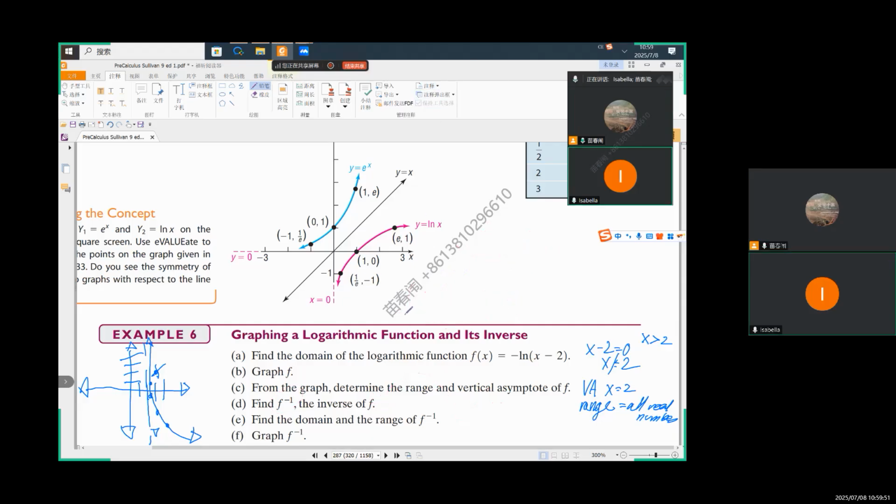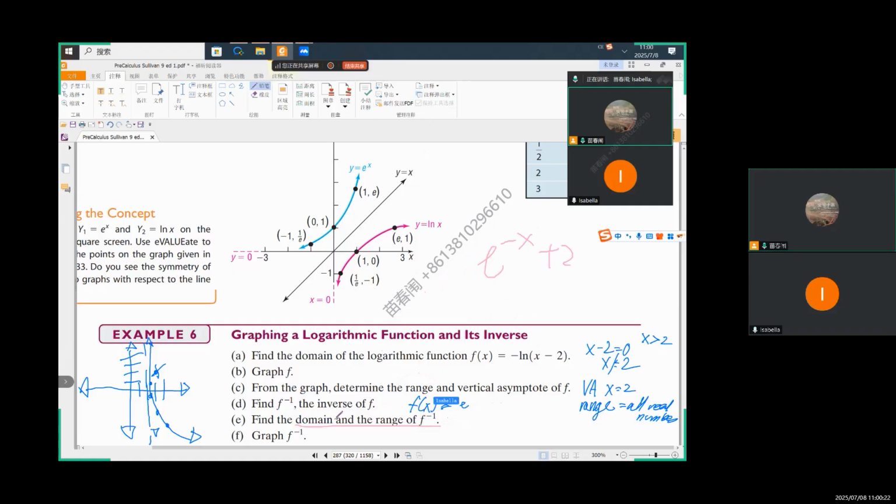So what's the domain then, and range for the inverse function? Could you bring it back? e equals to the negative x power.